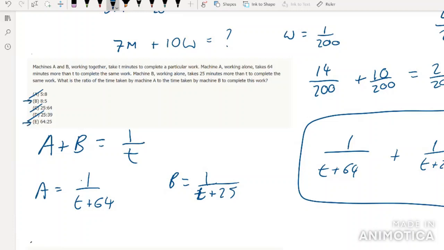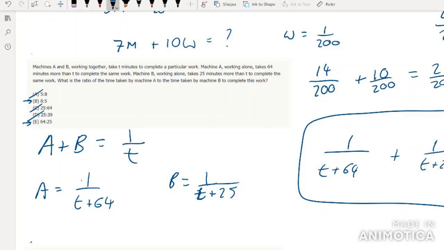And so for it to be 64 to 25, that would mean that together, since we know that A takes 64 minutes longer than T, and B takes 25 minutes longer than T, then if T was 0, that would be a ratio of 64 to 25, but T can't be 0.